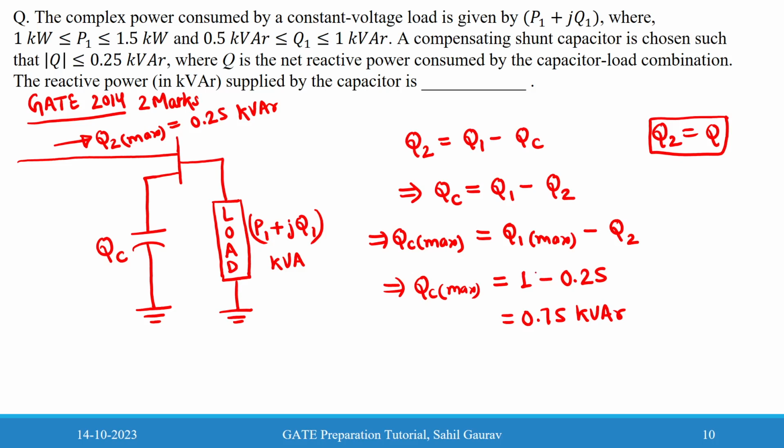You have to take the maximum value only, because if you take the lower value and then Q1 increases, the limit on Q2 max will be violated. So you cannot fetch reactive power more than 0.25 kVAr from the line. That is the thing. You have to take the maximum value only, and in this way you can find the reactive power rating of the capacitor.